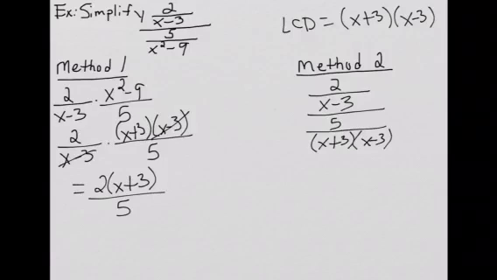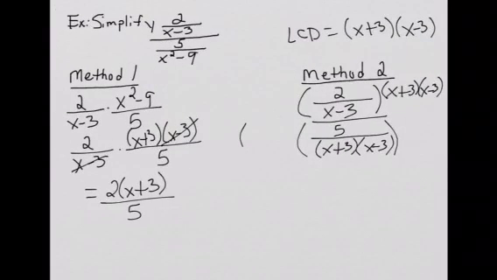Now method 2 says you're going to take this LCD and multiply the top part of your fraction by it and the bottom part of your fraction by it. So I'm going to take this top part and multiply it by x plus 3 times x minus 3. Then I'm going to take the bottom part and multiply it by the same thing, x plus 3, x minus 3.